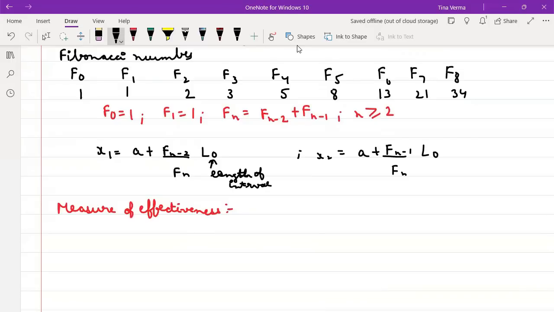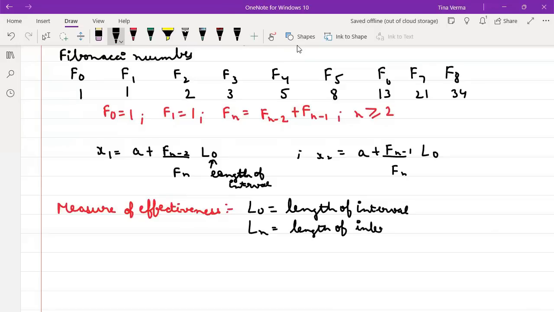In this, you consider L naught as the length of the interval, and Ln as the length, or width, of the interval of uncertainty after n iterations.